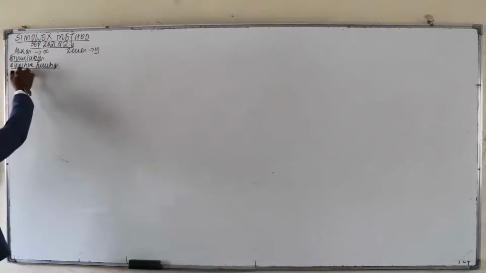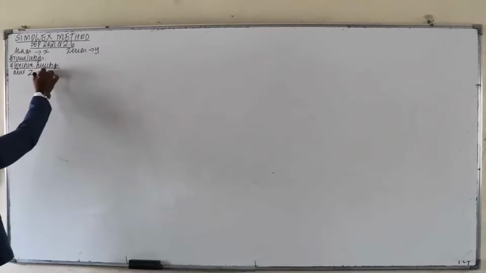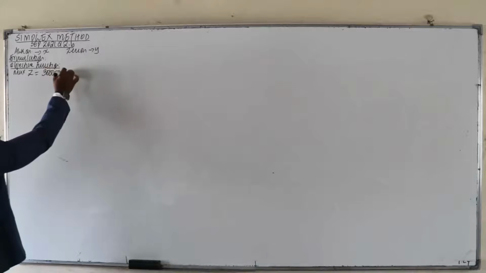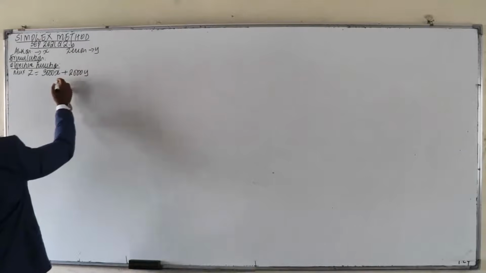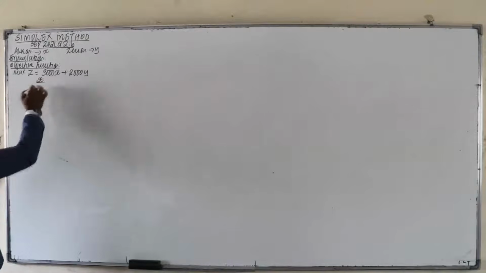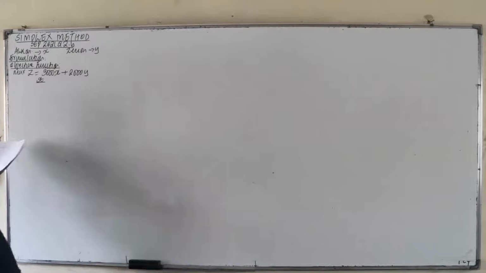You maximize Z, that is 3,000 of X, then Xenon is 2,000 of Y, subject to the limiting factors.